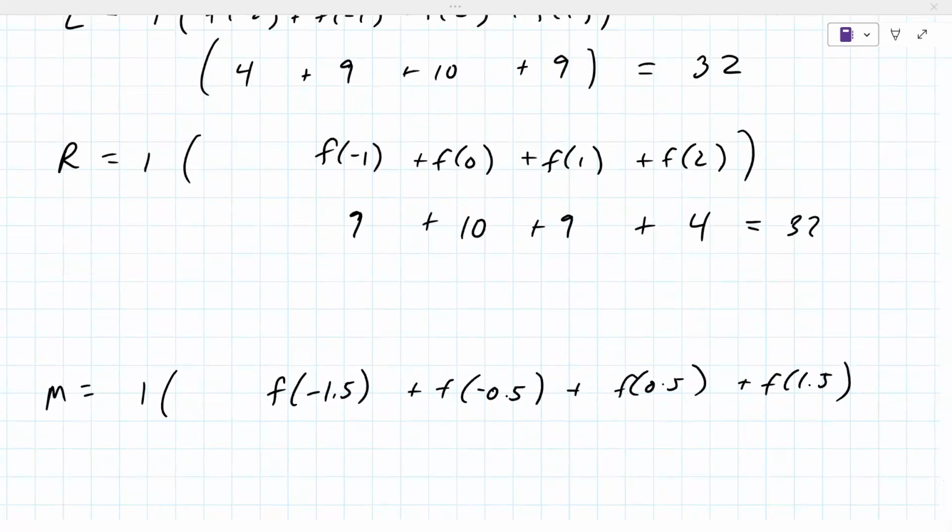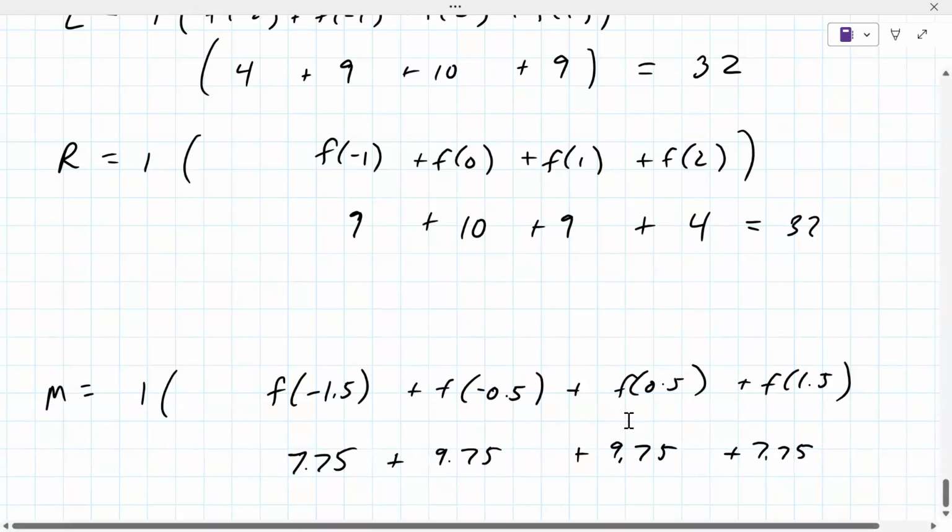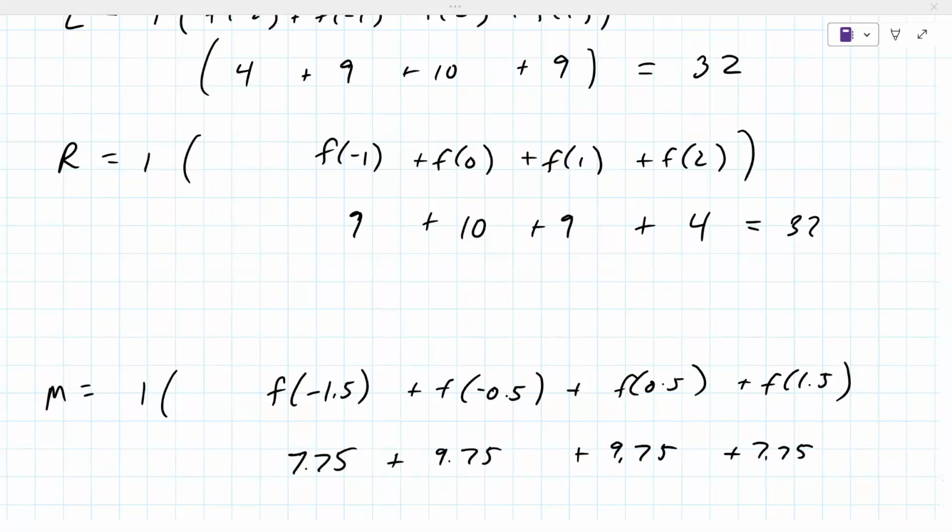Because of symmetry, you get a little help here. It's minus x squared plus 10. So this ends up being 7.75 plus 9.75 plus 9.75 plus 7.75. By symmetry, these end up being the same.